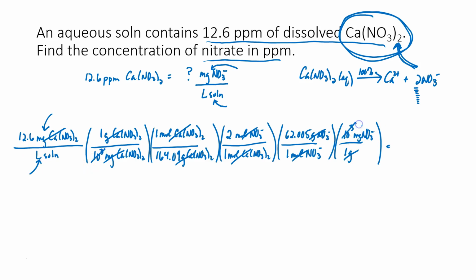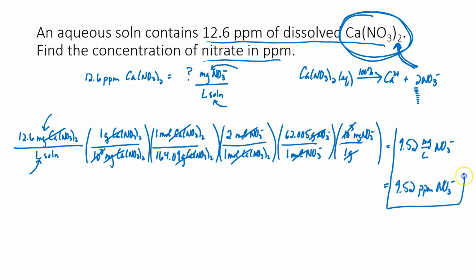These 1000s cancel. And when I did the arithmetic, I got 9.52 milligrams per liter of nitrate. Or if I wanted to, I could just say 9.52 ppm of nitrate. Either answer would be acceptable, and I think I followed the rules for sig figs correctly too in this problem. Let's try another one.